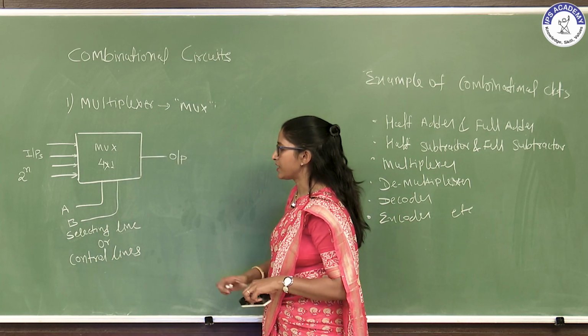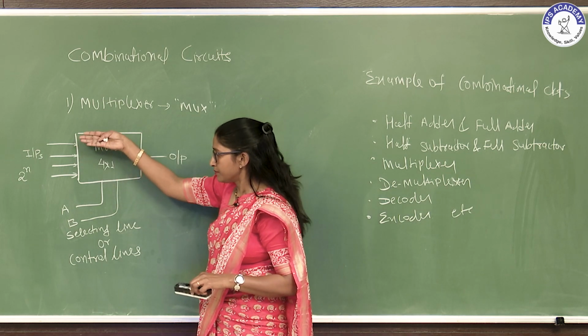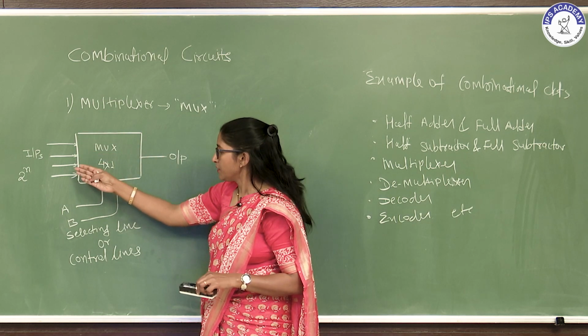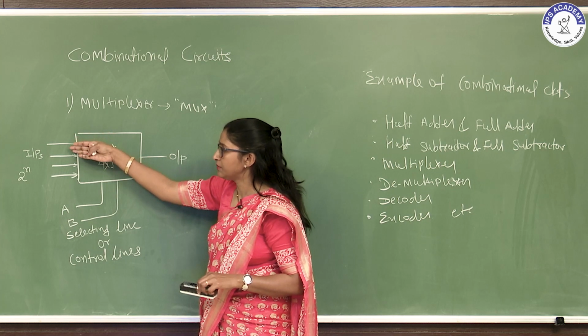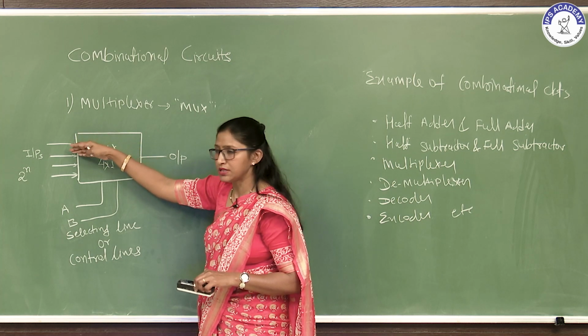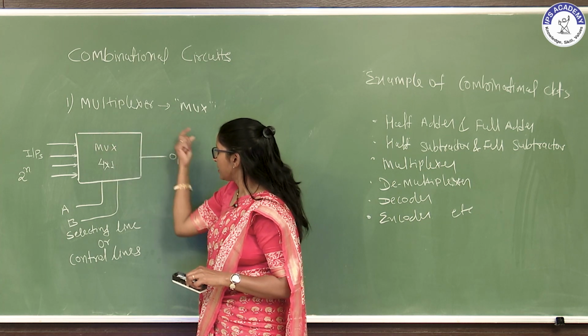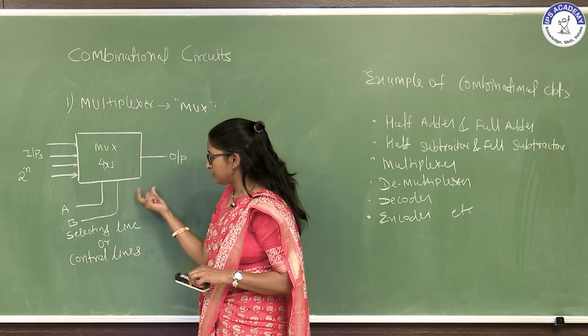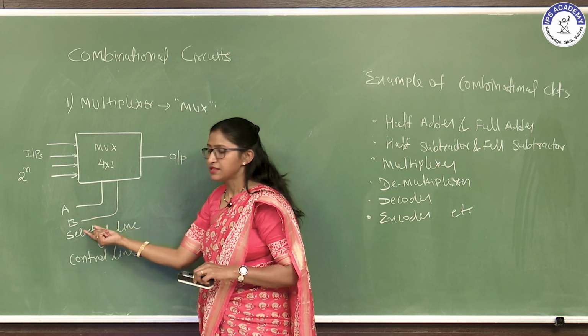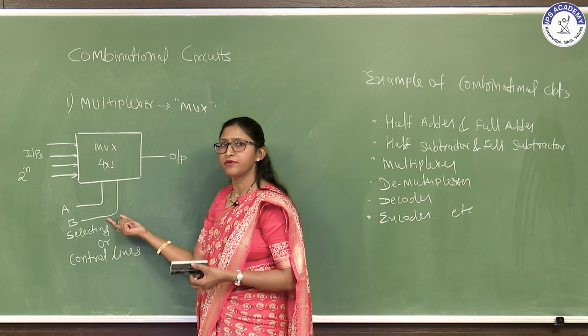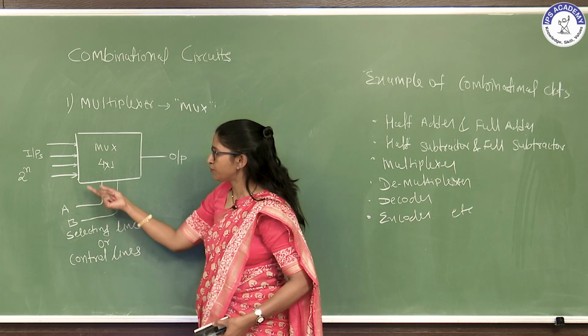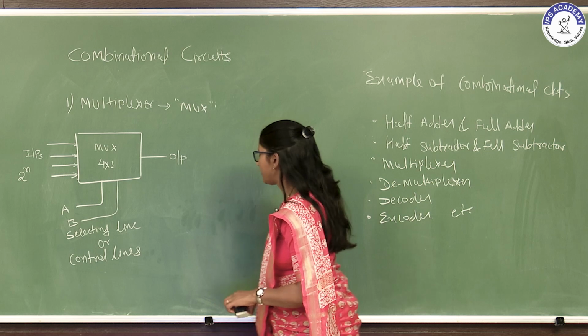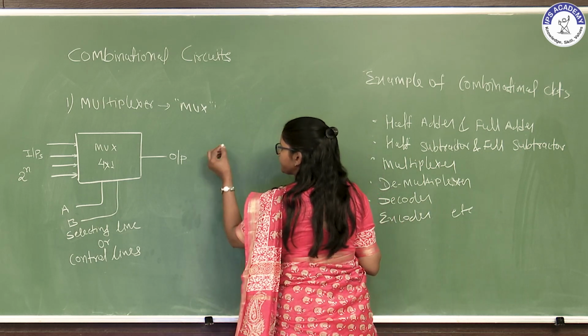So here there are multiple input lines, and which input goes to the output is decided by the selecting variables. Selecting variables or control variables will decide which input will go to the output side. Suppose here we take an example.